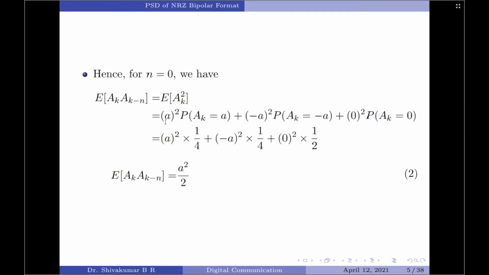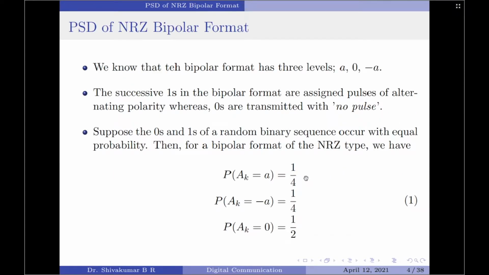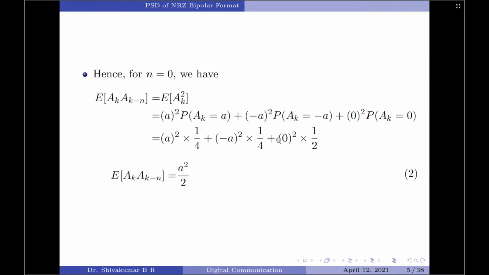Now the first amplitude is A, so we have A whole square into probability of AK equals A, plus the second amplitude is minus A, so we have minus A whole square into probability of occurrence of minus A, and lastly we have the third amplitude 0, so it is 0 whole square into probability of occurrence of symbol 0. Now from our previous expressions we have probability of AK equals A is 1 by 4, AK equals minus A is also 1 by 4, and lastly probability of AK equals 0 is 1 by 2. Let us now substitute these values into our equation.